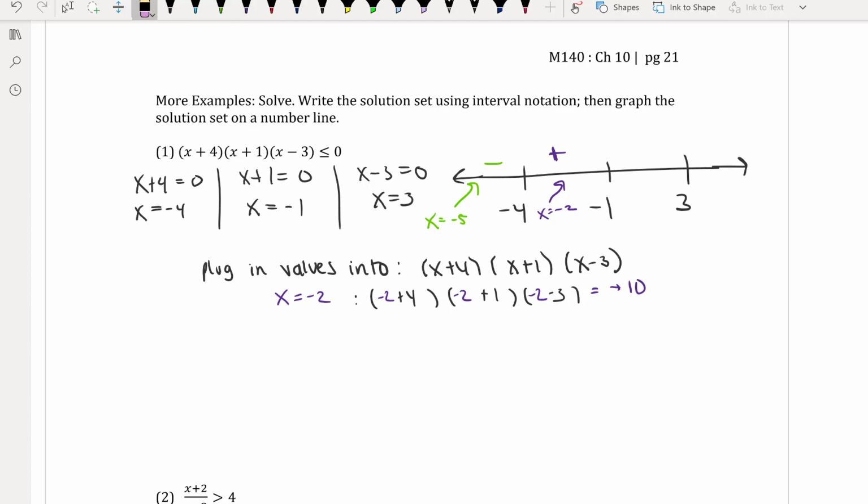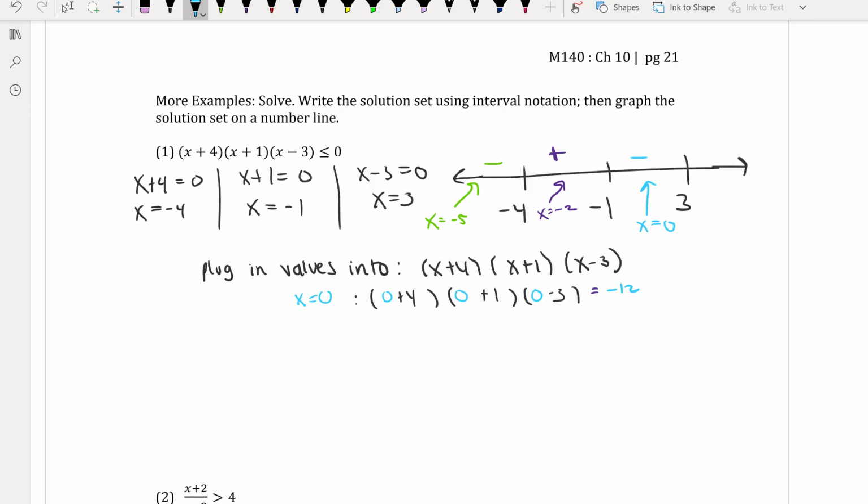Okay, now let's pick a different value. Let's say I want something over here. So let's try x is equal to 0 now. If I have x equal to 0, let's see what I get. I'll get positive 4 times 1 times negative 3, and I get a negative 12. So I'm going to have a negative value there.